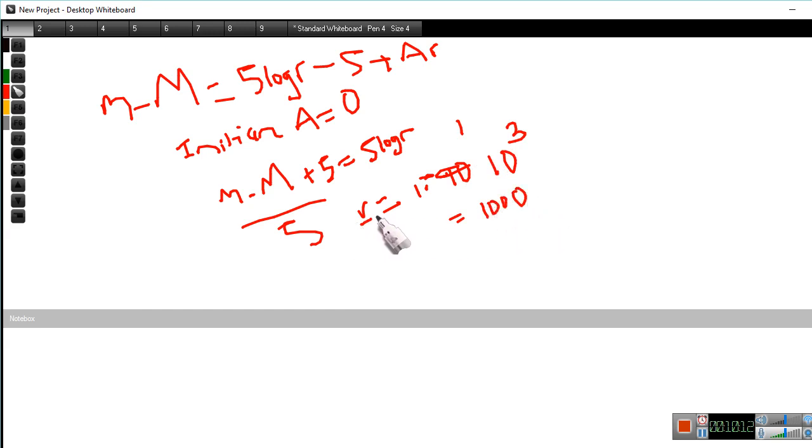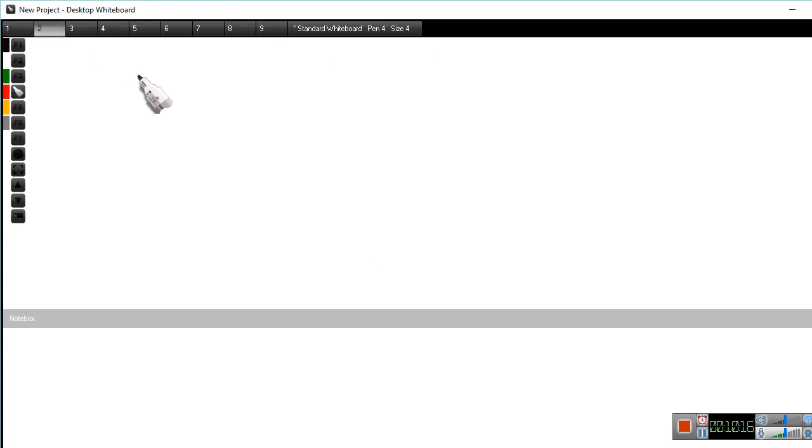Okay, so using this initial radius I will calculate the other radius. Now I will consider m minus M is equal to 5 log r minus 5 plus A r.